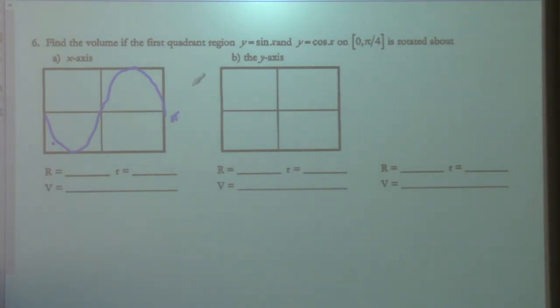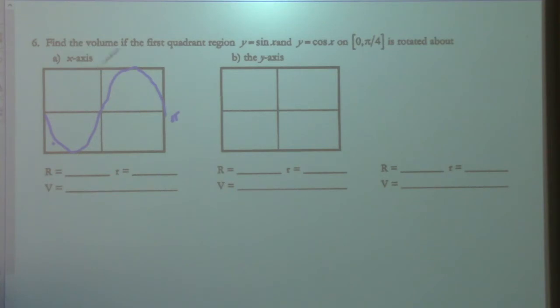The first quadrant region between sine x and cosine x on 0 to pi over 4 is rotated about the x-axis.